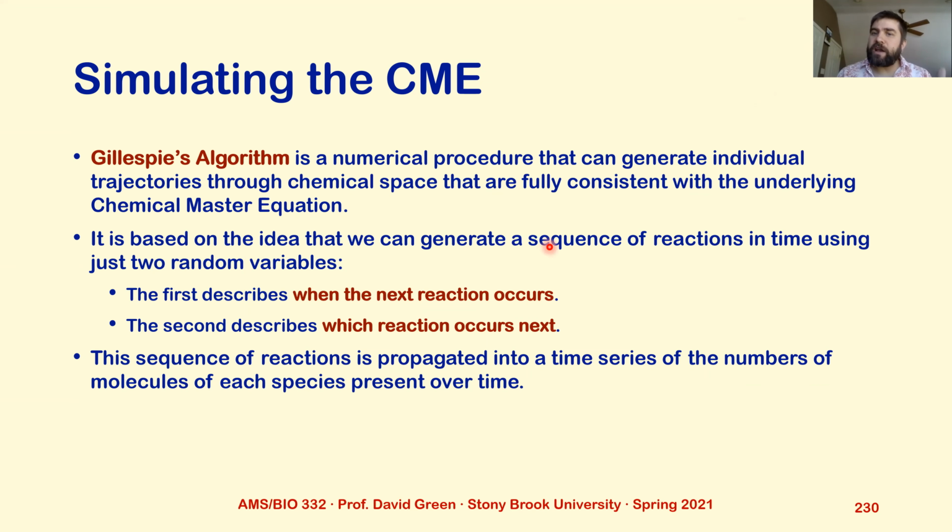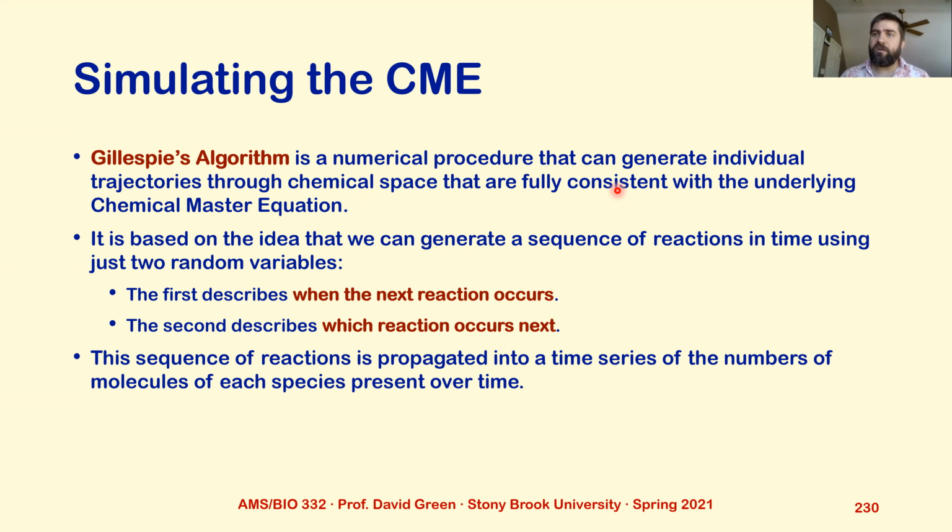And it will generate them in such a way that they're fully consistent with the underlying chemical master equation. They're fully consistent with the probabilities. What this means is that if we repeated this algorithm over and over again, and we analyzed the results, we would get the appropriate probability distributions.